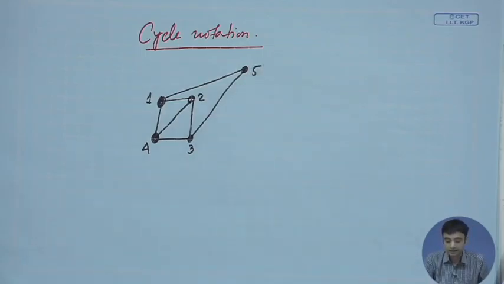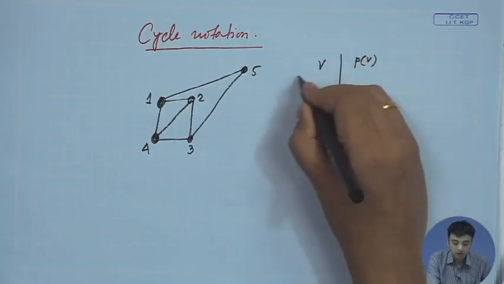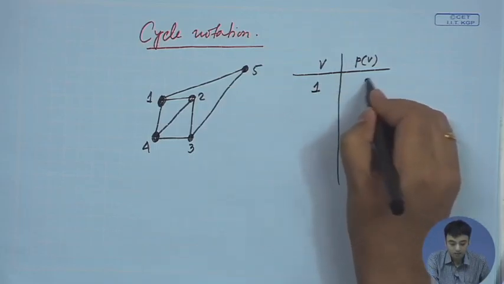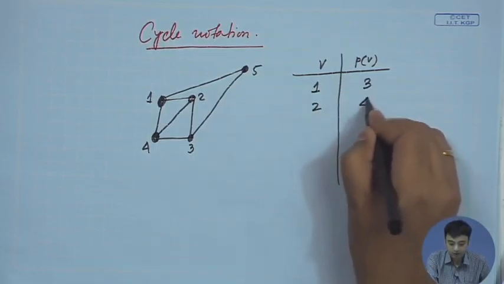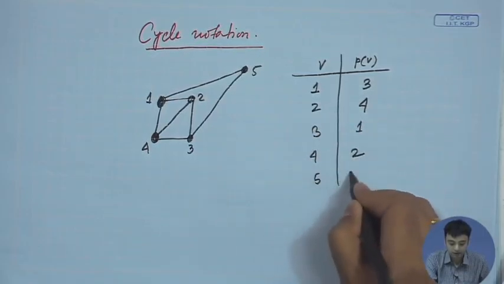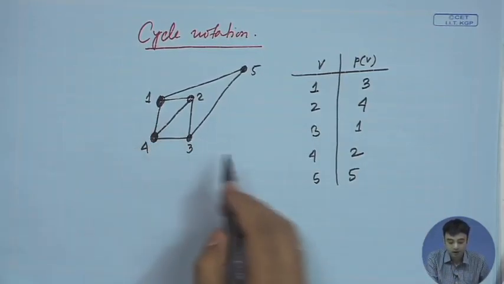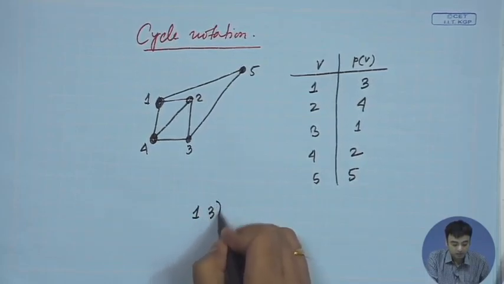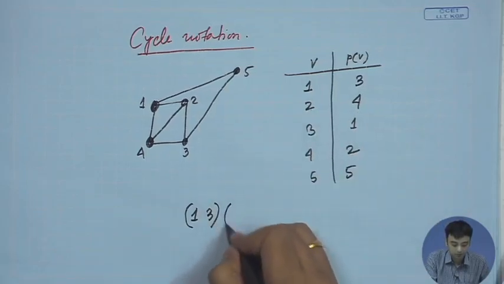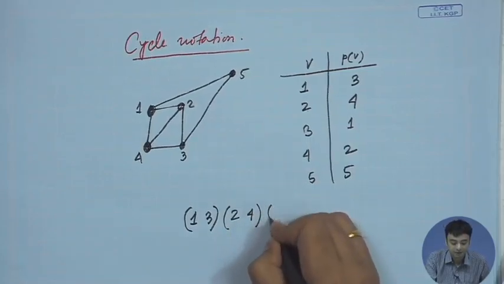You can immediately see that an automorphism of the following form can be established: 1 maps to 3, 2 maps to 4, 3 maps to 1, 4 maps to 2, and 5 maps to 5 itself. Since 1 maps to 3 and 3 maps to 1, we put them in a parenthesis like this. Also 2 maps to 4 and 4 maps to 2, we put them in a separate parenthesis like this, and 5 maps to itself.